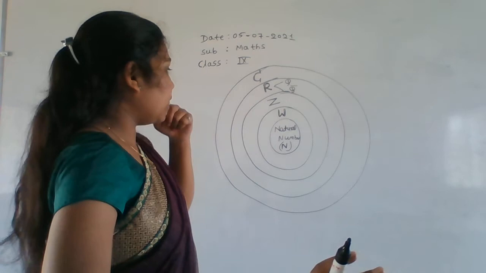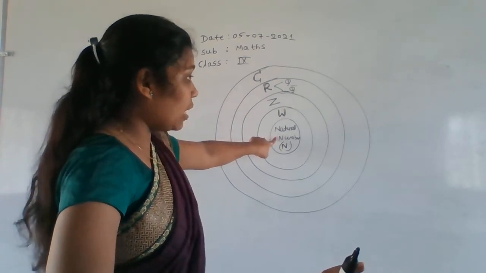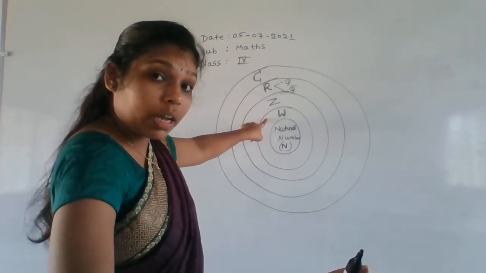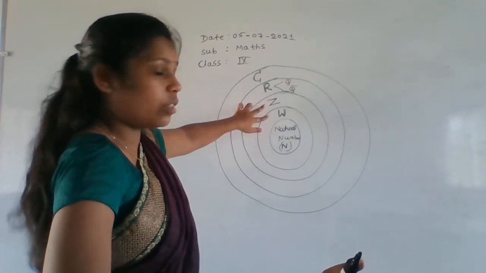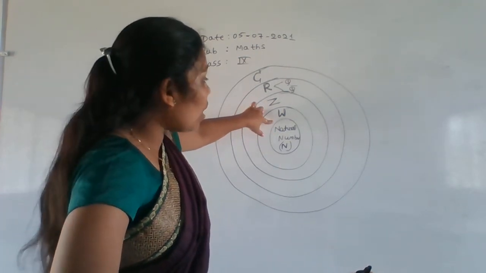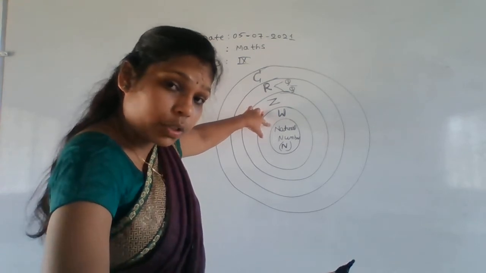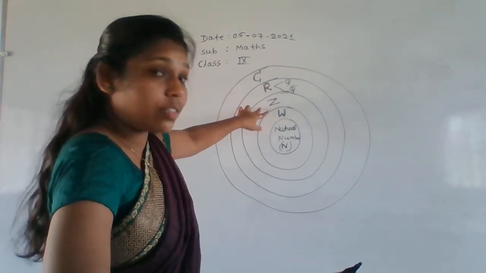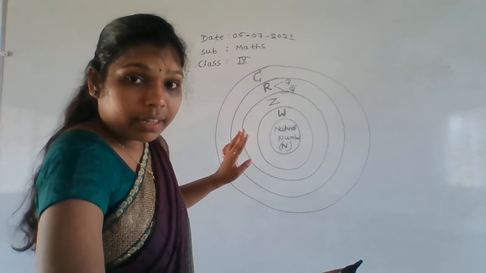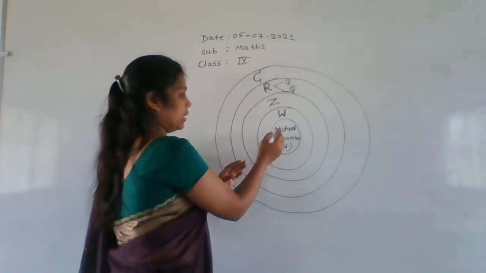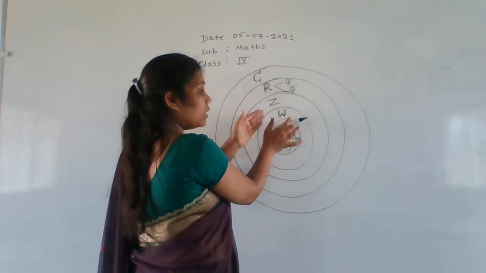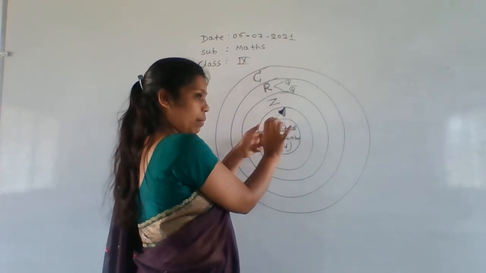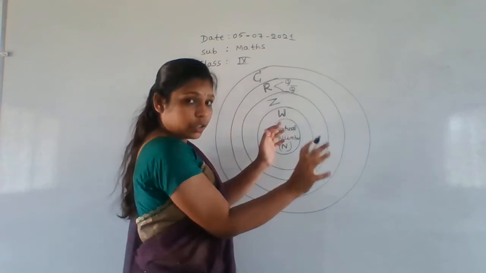After that, see here, all the natural numbers are whole numbers, but all the whole numbers are not natural numbers. Next, same thing for the integers and whole numbers. All the whole numbers are integers, but all the integers are not whole numbers. Natural numbers are whole numbers, but whole numbers are not all natural numbers.